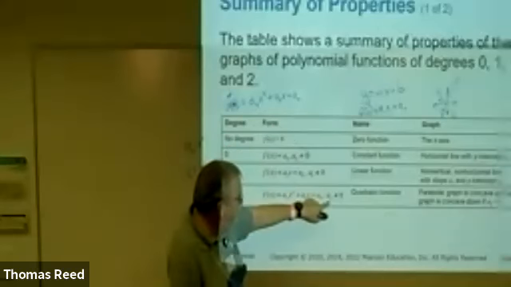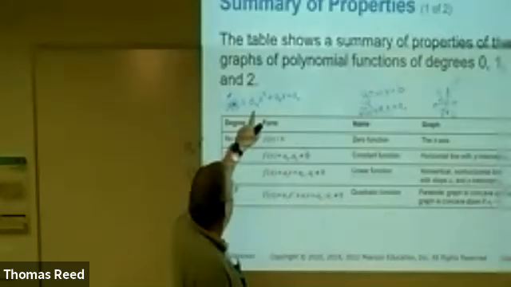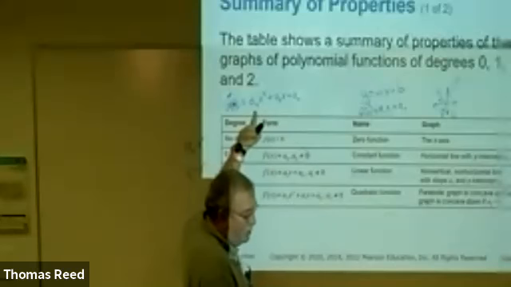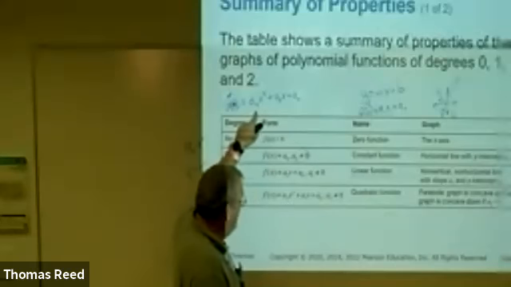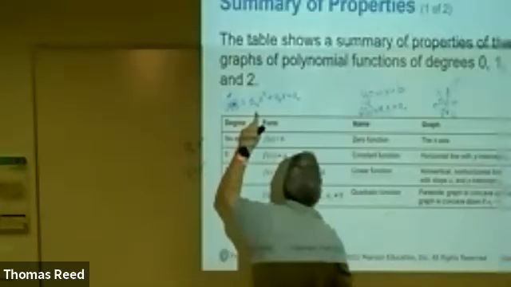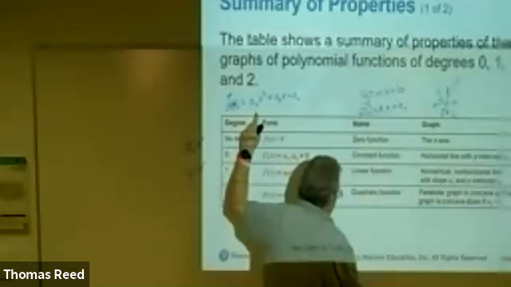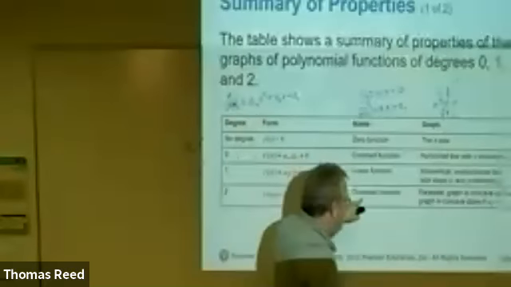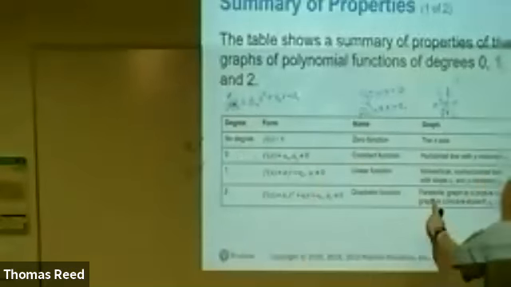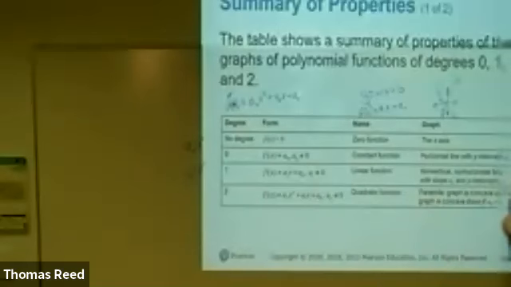All right, and the stipulation here is that a sub naught cannot be 0, and we already discussed why. All right, and this is a quadratic function. It's a parabola. If the leading coefficient is positive, then it's concave up. If the leading coefficient is negative, then it's concave down.